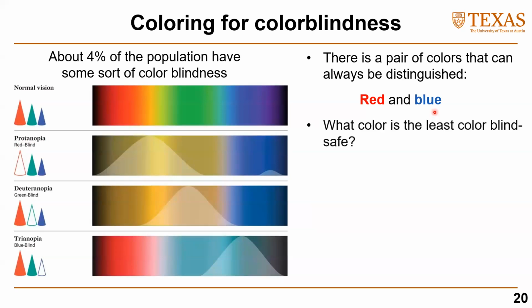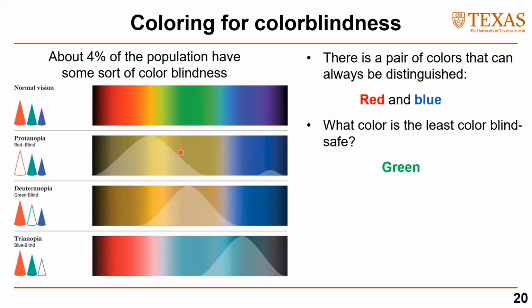You should use them. On the other side, what color is the least colorblind safe? Or in other words, which one is really hard to distinguish for all these groups? Well, the answer is green, because none of these groups can see green effectively.